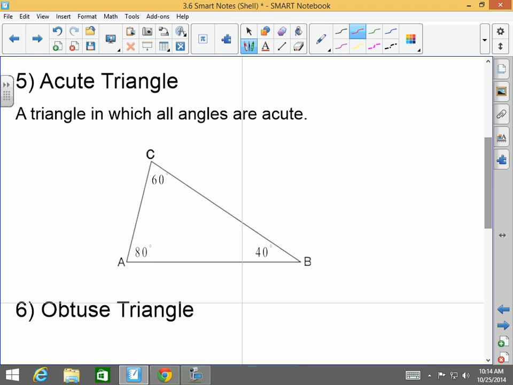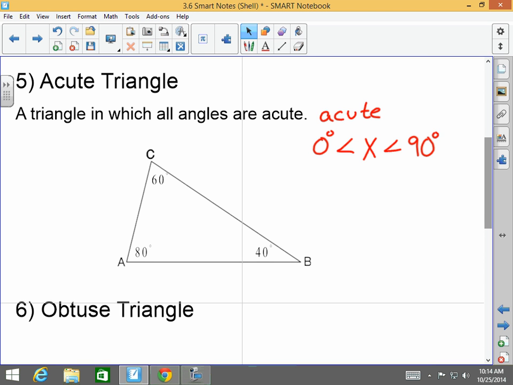Please remember that an acute angle is an angle, we'll call X, that is greater than 0 but less than 90 degrees. It cannot be 90 degrees because then it would be a right triangle. So an acute triangle is a triangle in which all angles are acute. In other words, greater than 0 and less than 90 degrees.